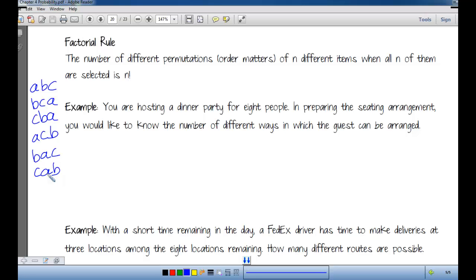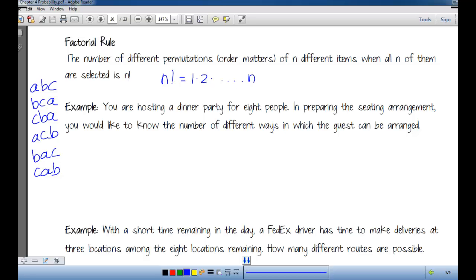What is n factorial? N factorial is 1 times 2 times up to whatever n is. N has to be an integer. It's the product of the first n integers. So instead of writing all of that out, we just call it n factorial.